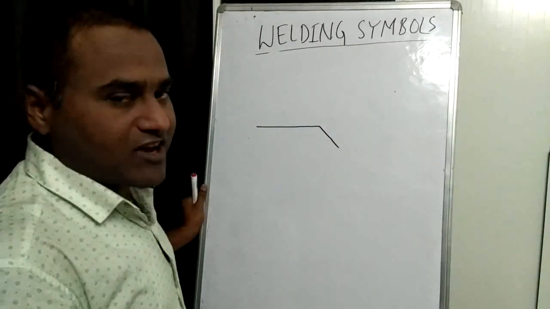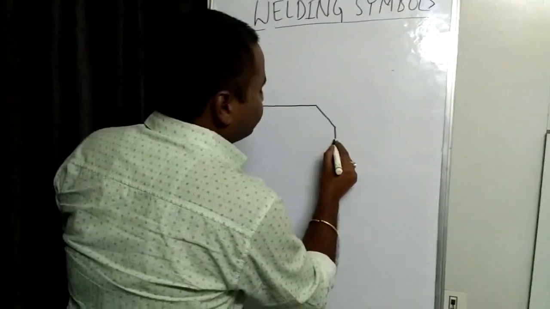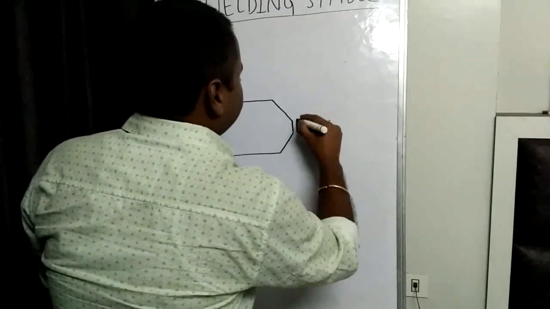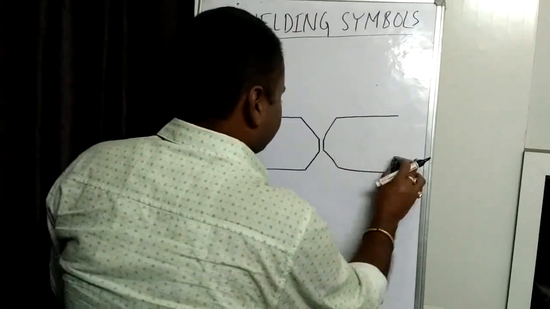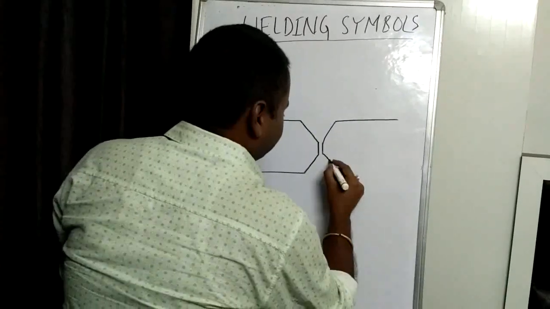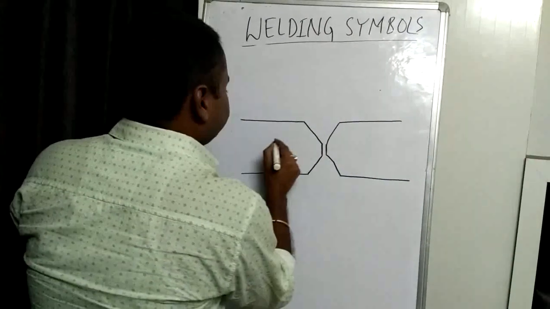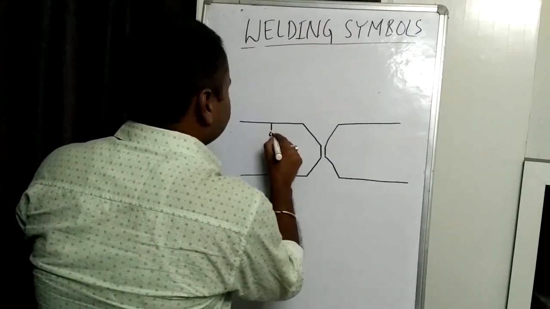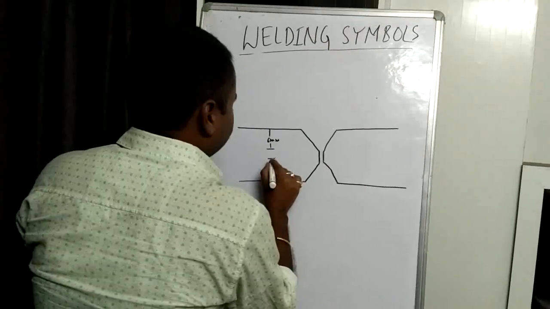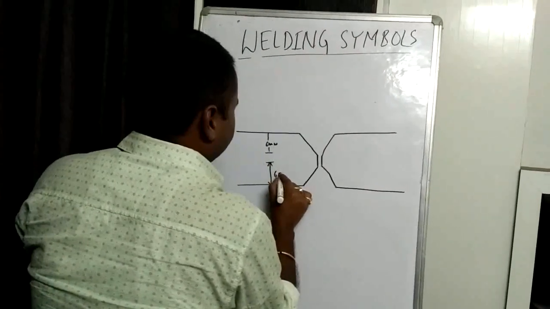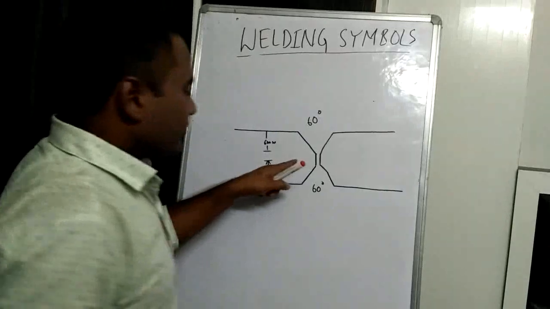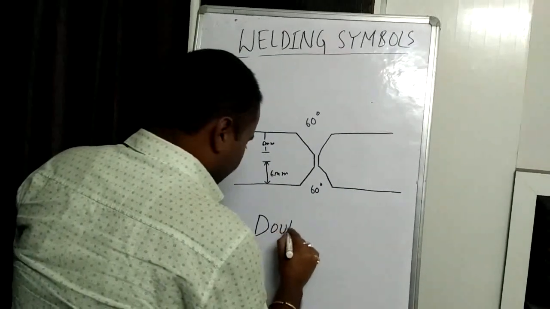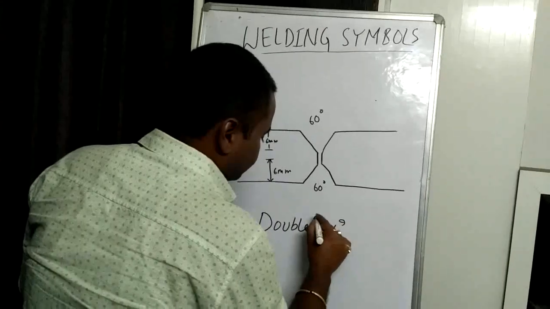Now I take example of a double V butt joint. So this is a double V groove.